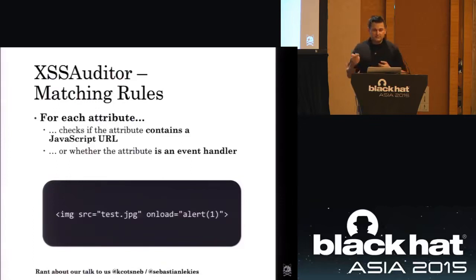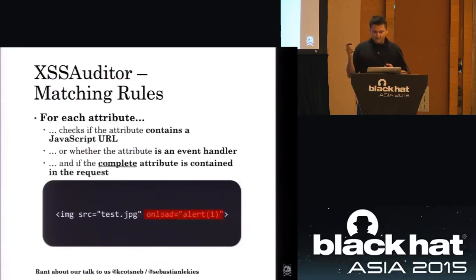And if it finds those cases, the auditor will extract the complete attribute. So it will extract this string, onload, alert, and so on, and will try to find this in the request. And if it finds it again, it will remove the specific attribute.